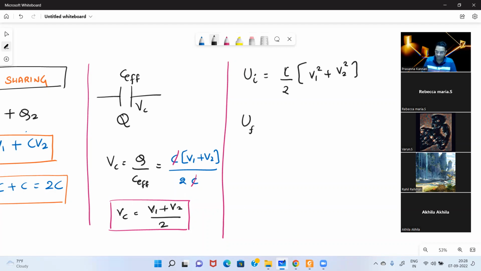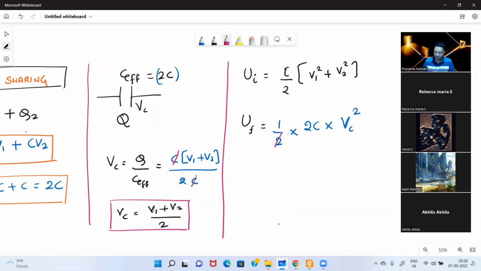Now what is the final energy? What is the total capacitance? 2C. So it will be half CV square, half into 2C into VC square.